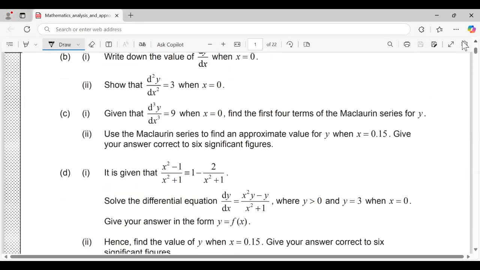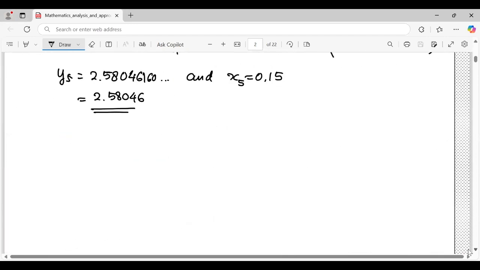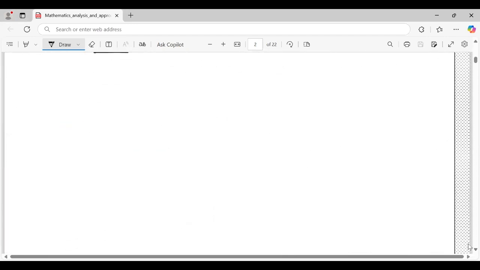B. Write down the value of dy/dx when x equals 0. Show that the second derivative equals 3 when x as well equals 0. B, part 1. dy/dx equals x squared y minus y over x squared plus 1.